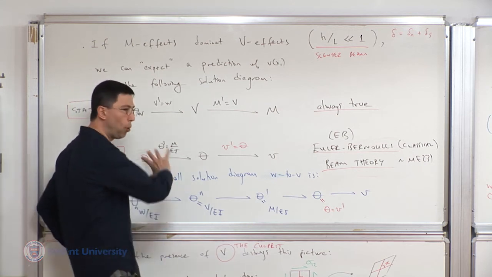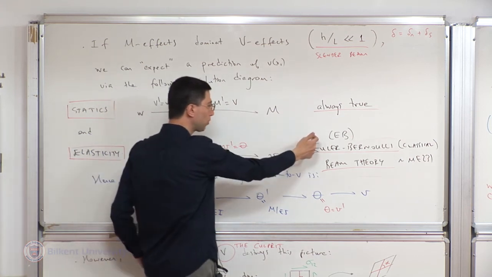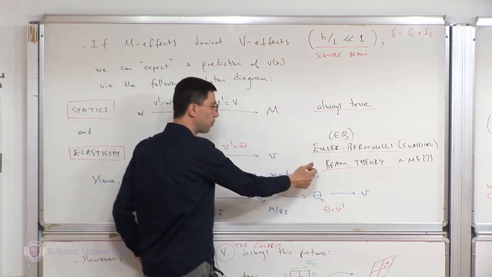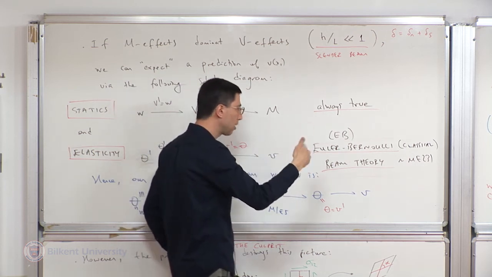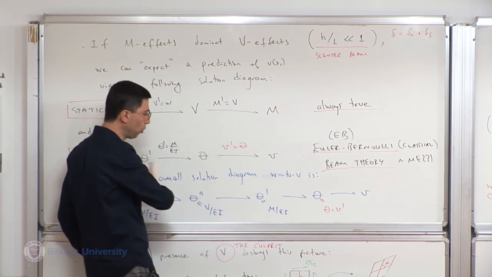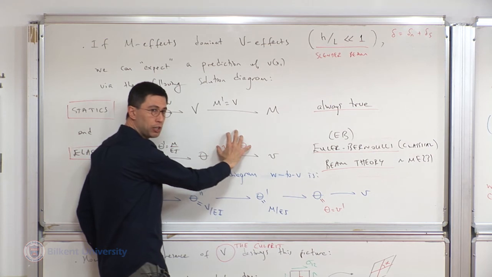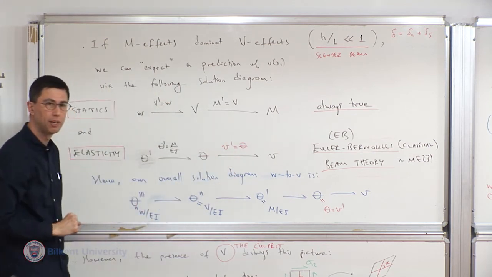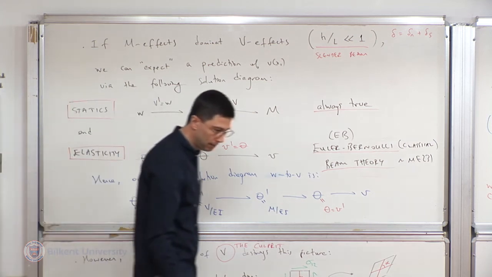Because eventually, when I want to improve the shortcomings of Euler-Bernoulli theory and make it more consistent with the exact results, the only thing I will change in all of this picture is this part. The red equation will change, and everything else will remain constant. So go ahead and write that part, and then we can continue.